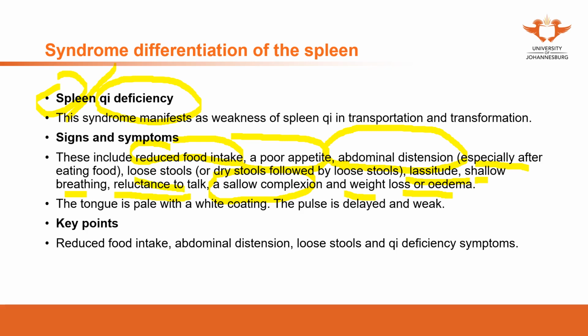Loose stool. So these are all spleen qi deficiency characteristics. The key points are that the patient will have reduced food intake, a distending abdomen, and loose stool plus qi deficiency symptoms. So that's spleen qi deficiency.